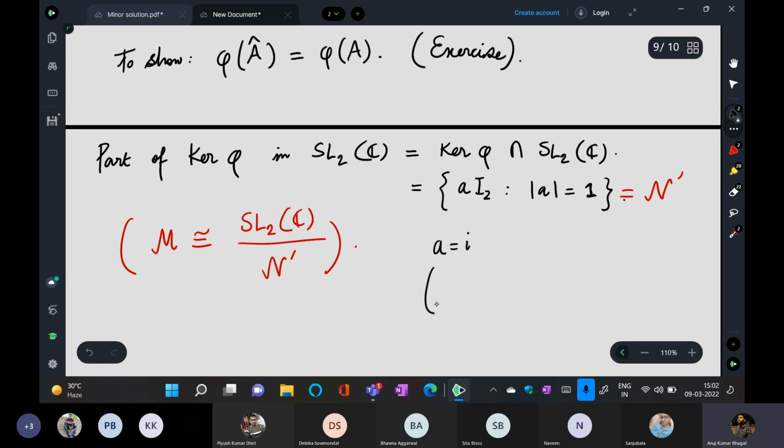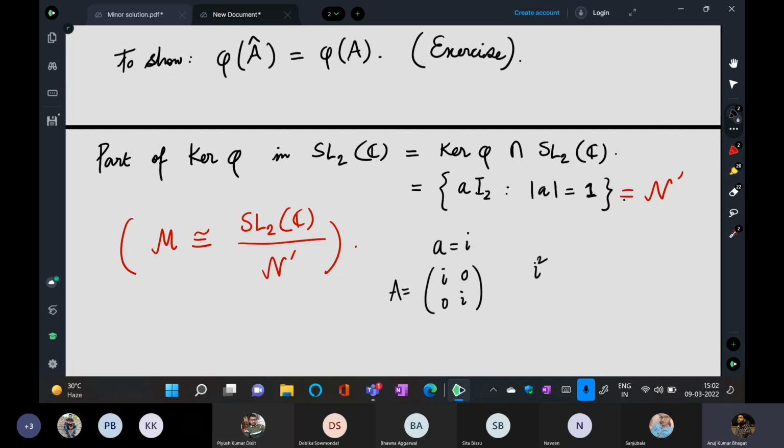So AI2 is what? (I, 0, 0, I). So what is the determinant of this matrix? -1, it is I square. So the determinant should be 1, right? The determinant is -1. Okay, yes, that's correct.